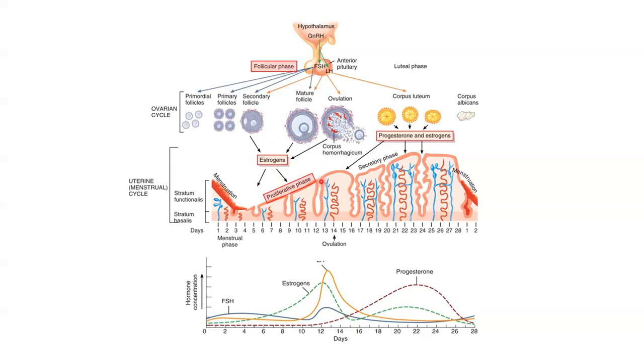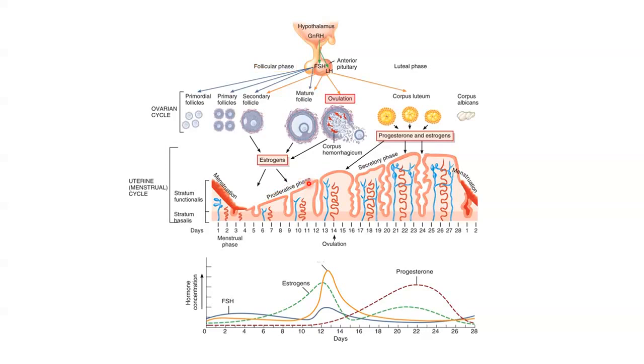Cells of the stratum basalis undergo mitosis, and they produce a new stratum functionalis. This phase is called the proliferative phase because it's the endometrium proliferating or multiplying, getting bigger in size.